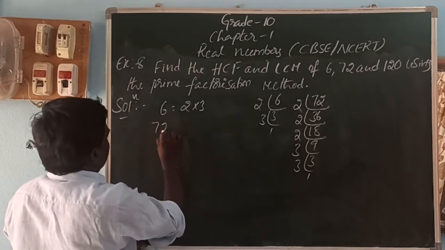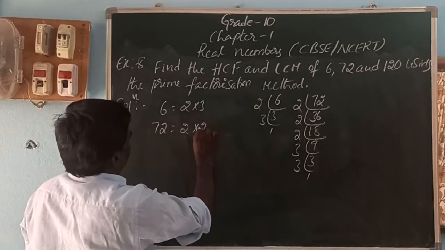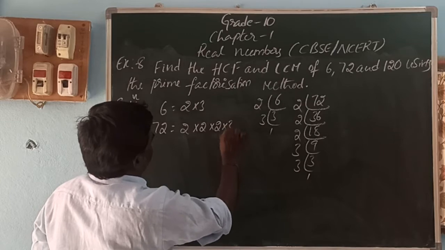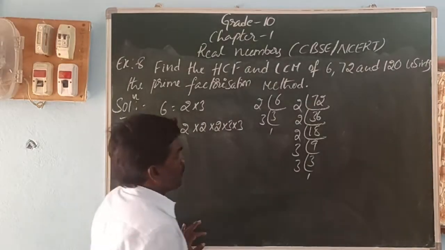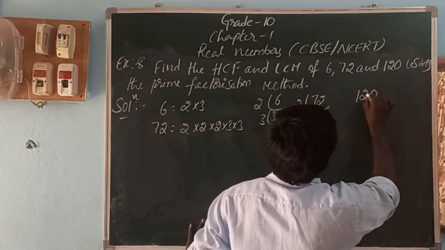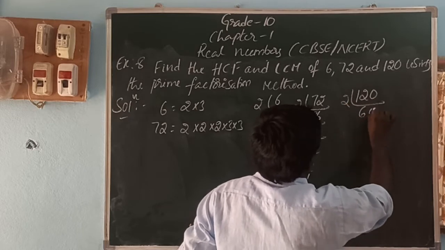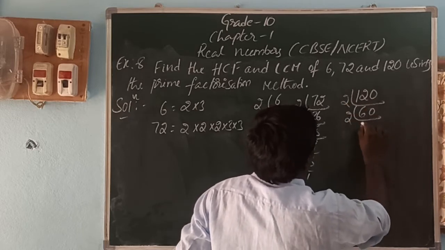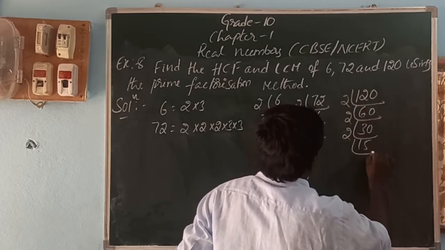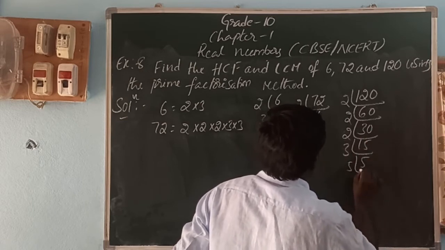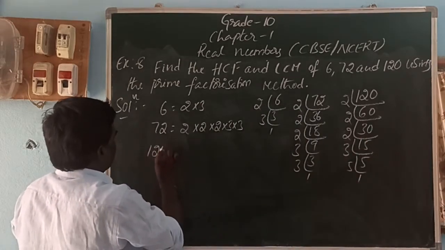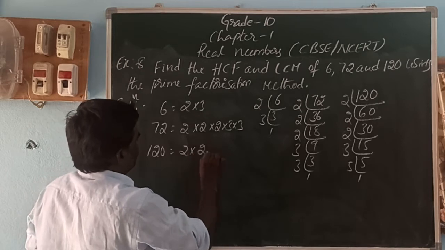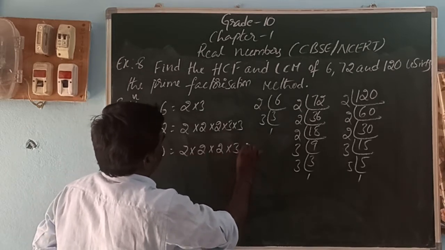So 72 is 2 into 2 into 2 into 3 into 3. Next 120: 2 times 60, 2 times 30, 2 times 15, 3 times 5, 5 times 1. So 120 is 2 into 2 into 2 into 3 into 5.